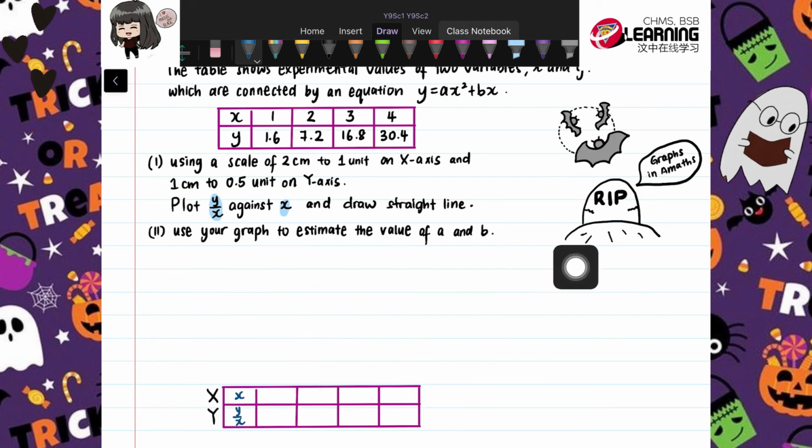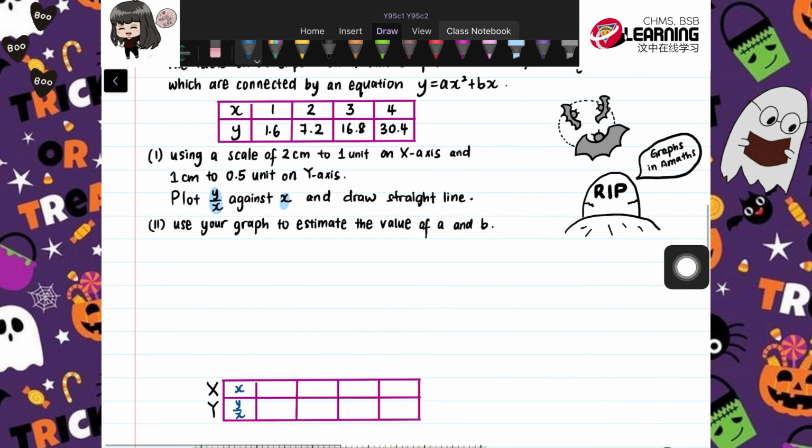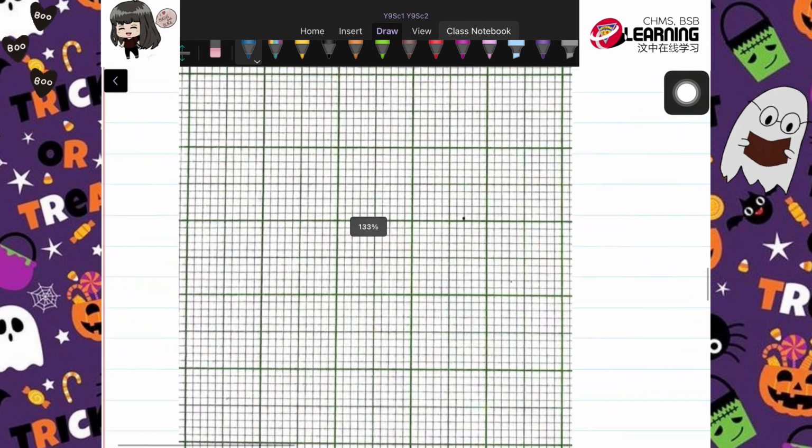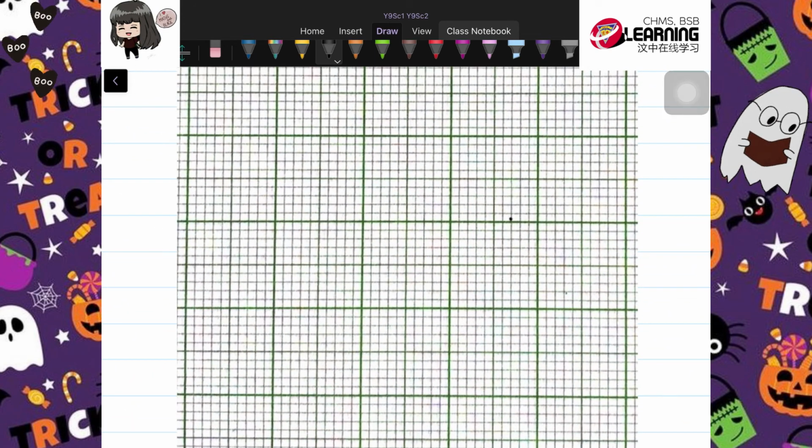And then when you draw the graph, this one, okay, the scale I'm going to teach you, 2 cm to 1 unit is basically 2 cm 1 unit. This is 2 cm. 2 cm 1 unit, another 2 cm 1 unit, so it's 2. Another 2 cm 1 unit until 3. Okay, something like that, alright?